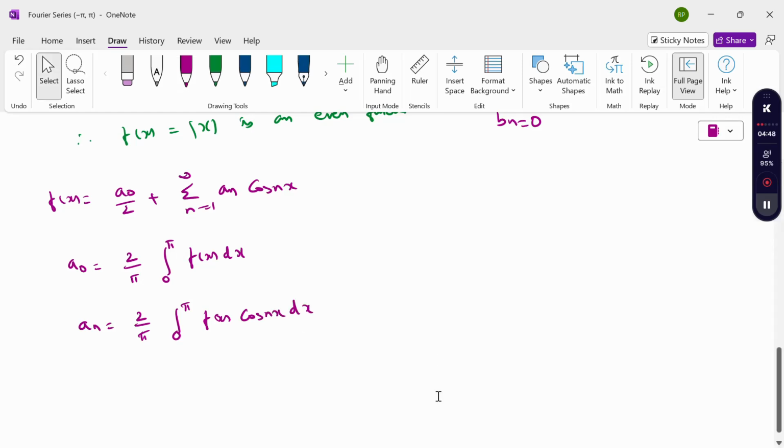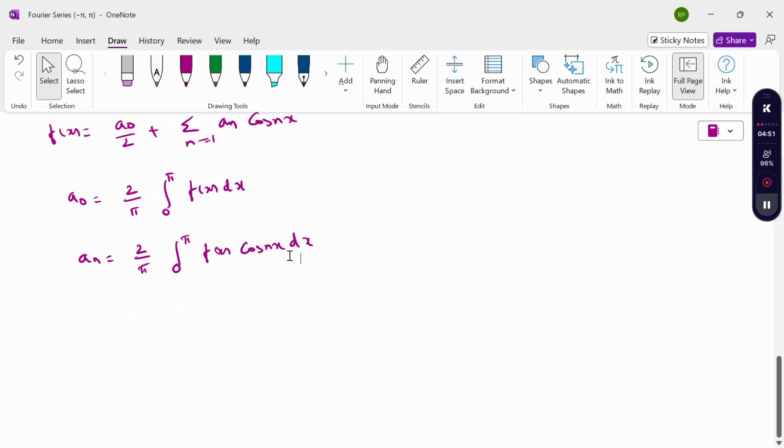So this is the formula we apply for an even function.